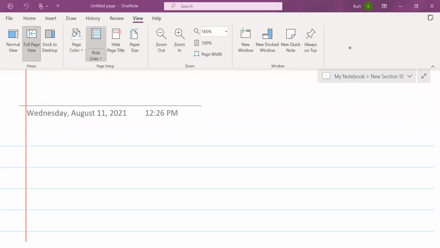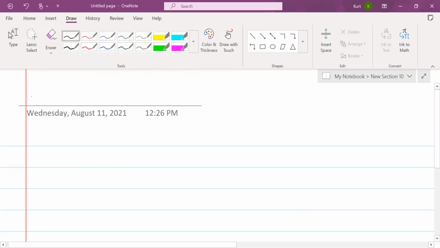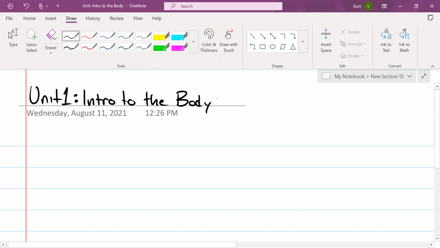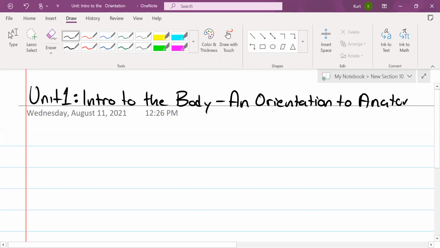Okay, today, first day of anatomy content. This is going to be Unit 1: Intro to the body and orientation to anatomy and physiology.